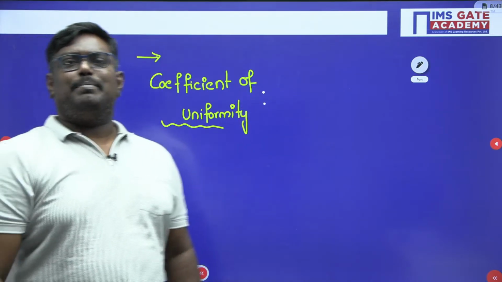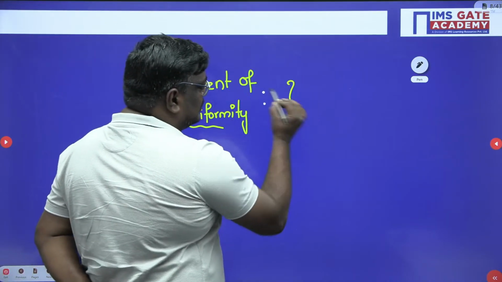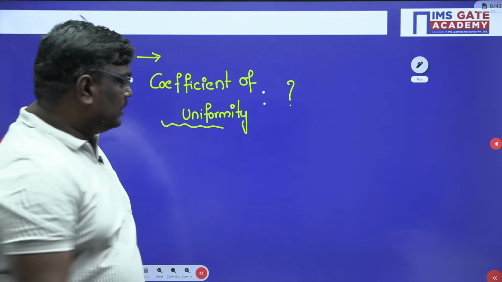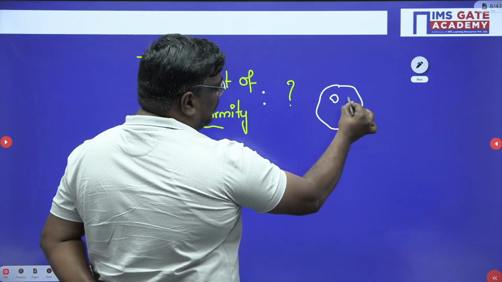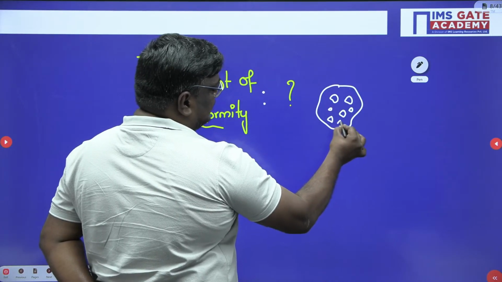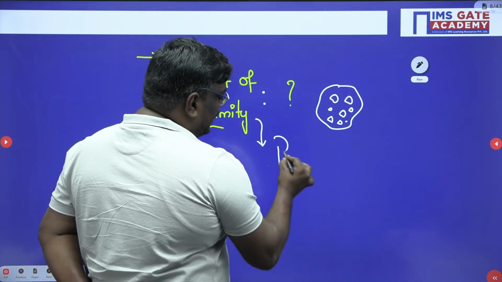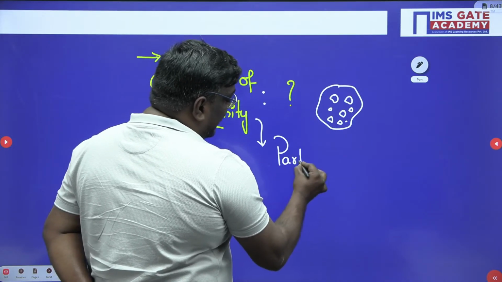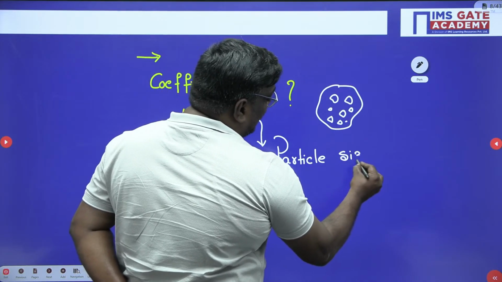Now, what do you mean by coefficient of uniformity, and why do you study it? Remember, students, if you consider a soil sample and you want to understand the size of the particle range, by studying coefficient of uniformity you will get an idea of the particle size range, from smaller size to larger size.